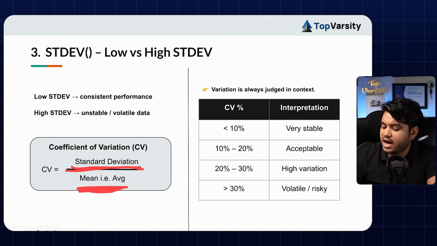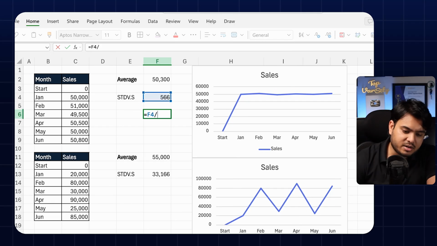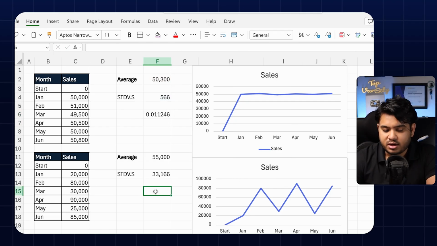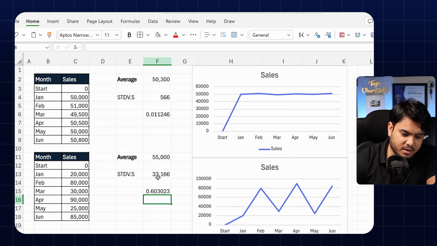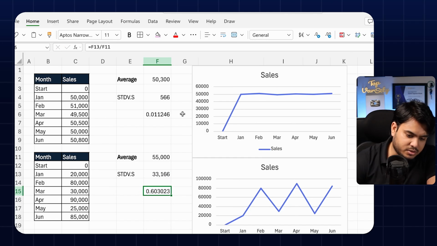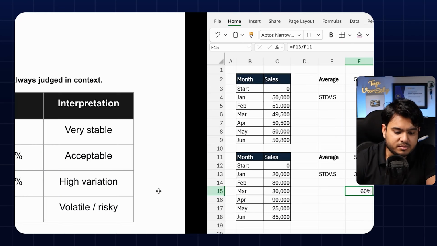So I write the formula: standard deviation divided by average, and I get an answer. Here also I am doing the same, and converting this into percentages. So this is coming around 1% and this is coming around 60%.